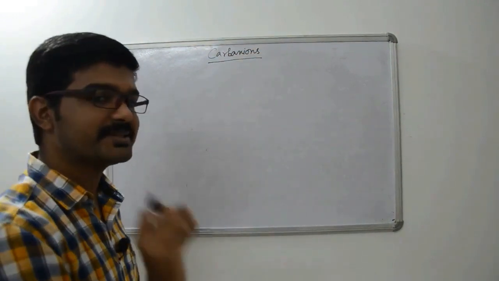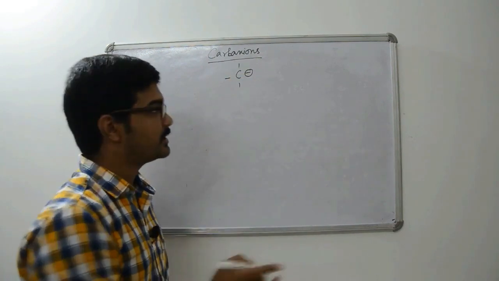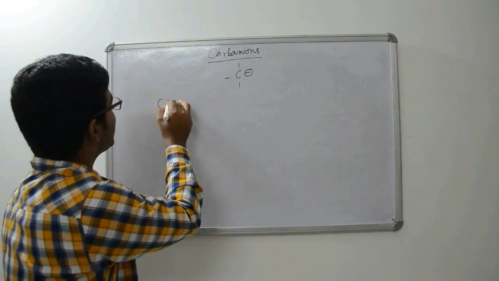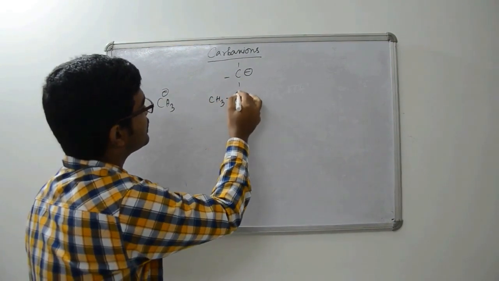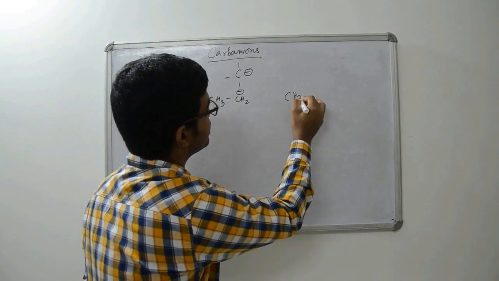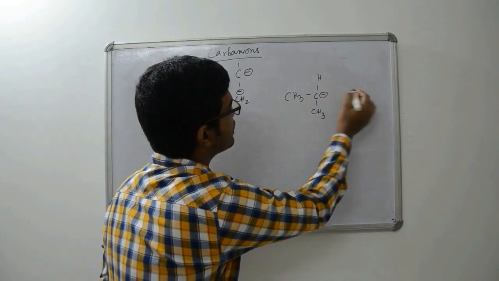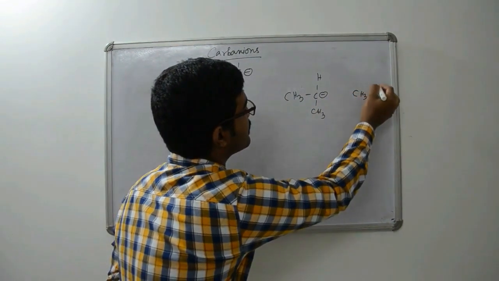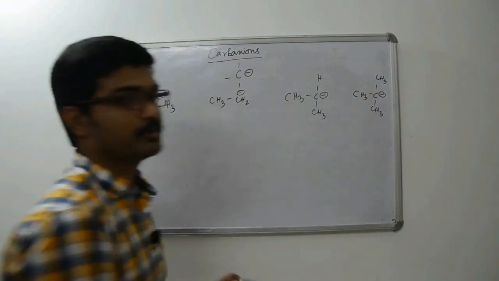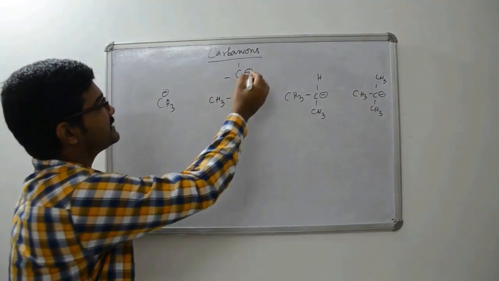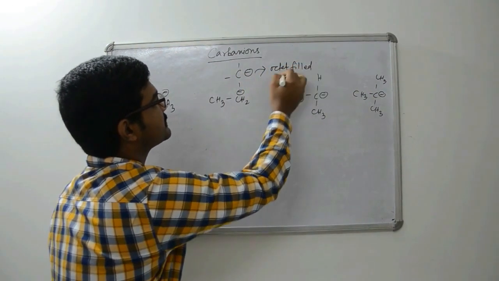Carbanions are nothing but, as I said earlier, simply a carbon bearing a negative charge. If we see the following carbanions, we will easily understand that this is already an octet filled species.